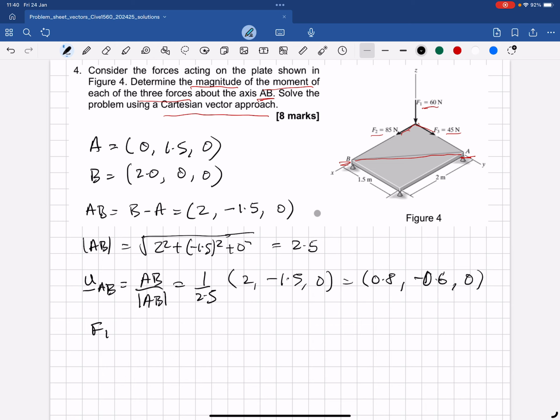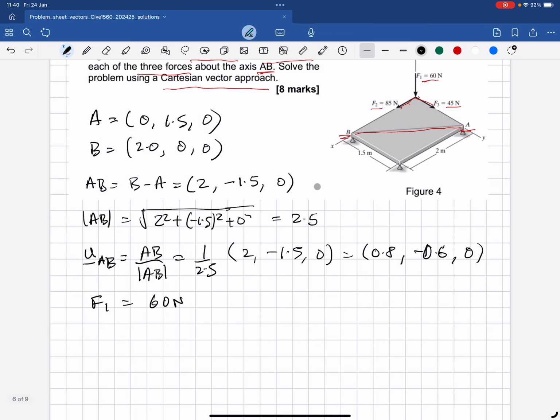We have F1 is equal to 60 newtons. A vector in that direction, well, we know it's in the negative z direction. So the F1 vector direction is equal to 0, 0, minus 1.